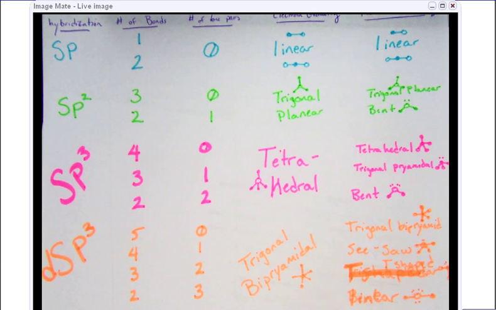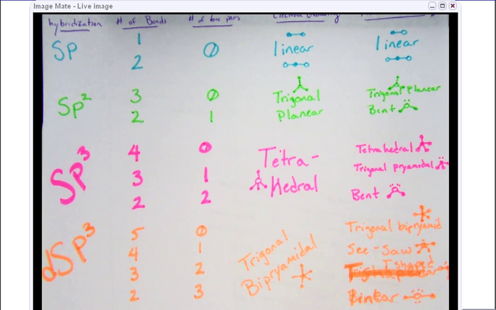Now, when we started talking about hybridization, I said it's the number of sigma bonds and lone pairs. And all of the electronic geometries are based off of simply that. Number of bonds, sigma bonds, and number of lone pairs. And that'll give you the electronic geometries.